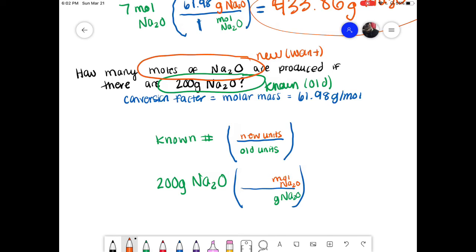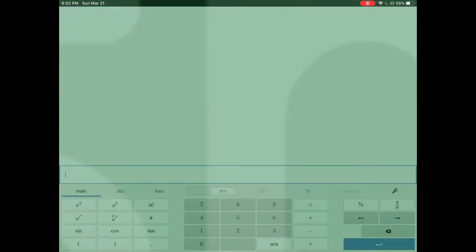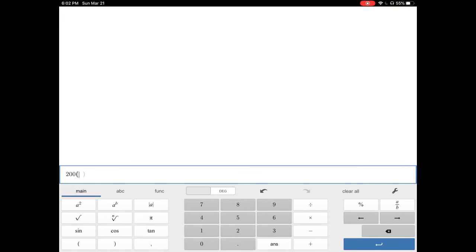Now we just match our numbers that are with our conversion factor to those units. So 61.98 grams per 1 mole. With grams, we have 61.98. And then with mole, we have 1. Now we're going to go ahead and calculate that. 200.